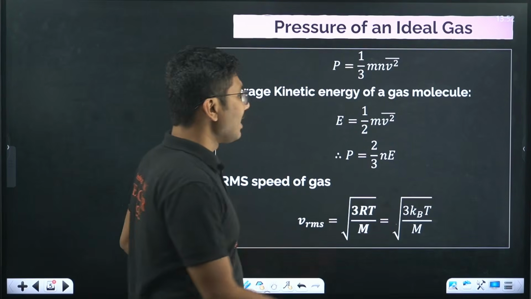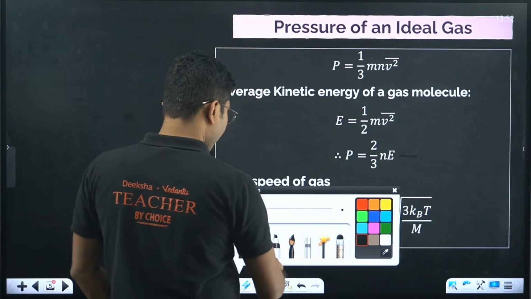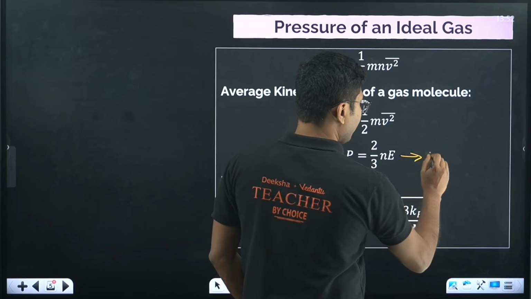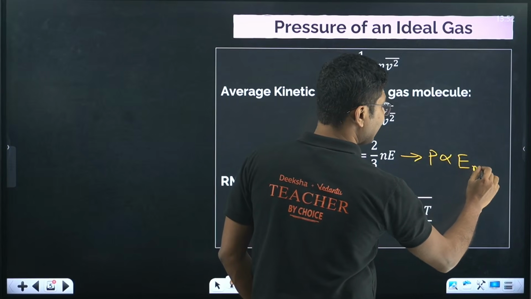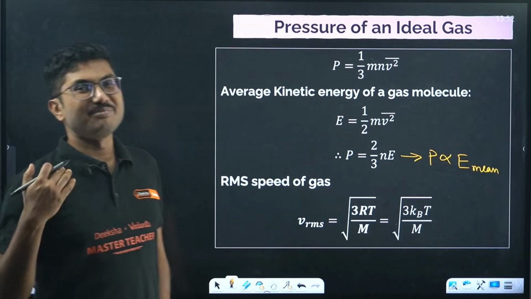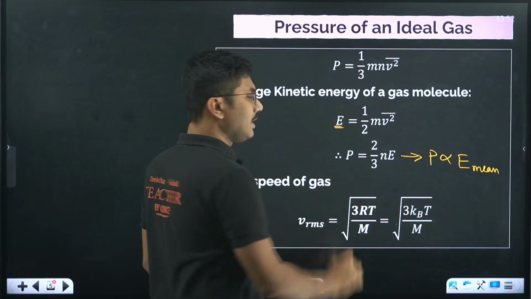This proves that the pressure of an ideal gas is proportional to the mean kinetic energy. Remember this. Here E always represents, in the case of gas, the mean kinetic energy.